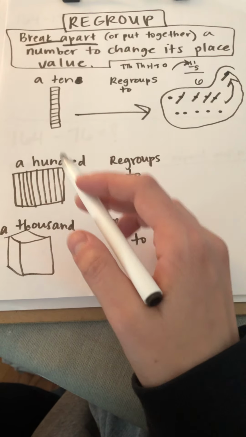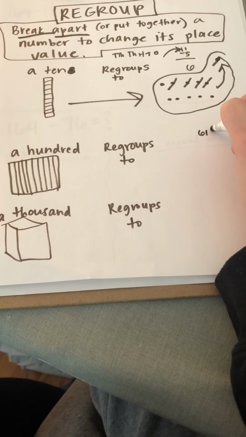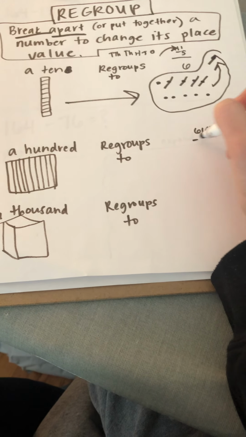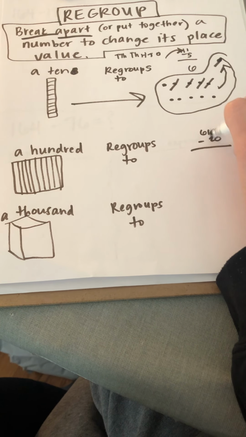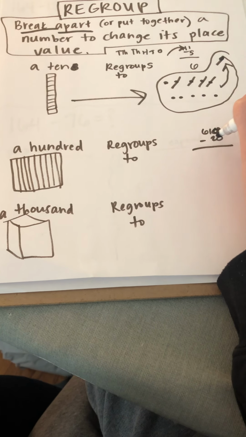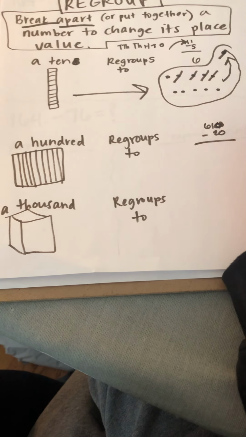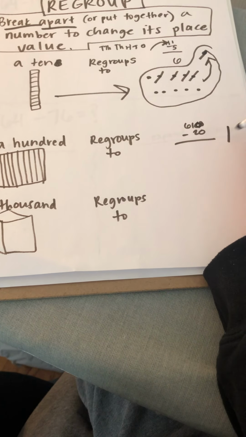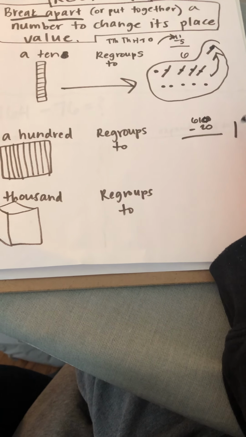Now, if we're trying to subtract in the tens place, like let's say we have 610 minus 20. We're in the tens place and we have to take 20 or 2 tens away from 10 or 1 10. That means we only have 1 10, but we have to take 2 of them away. We can't take 2 10 sticks if we only have 1.